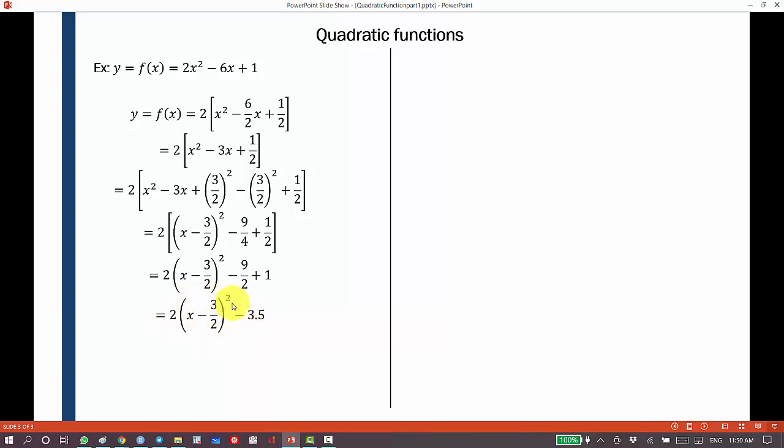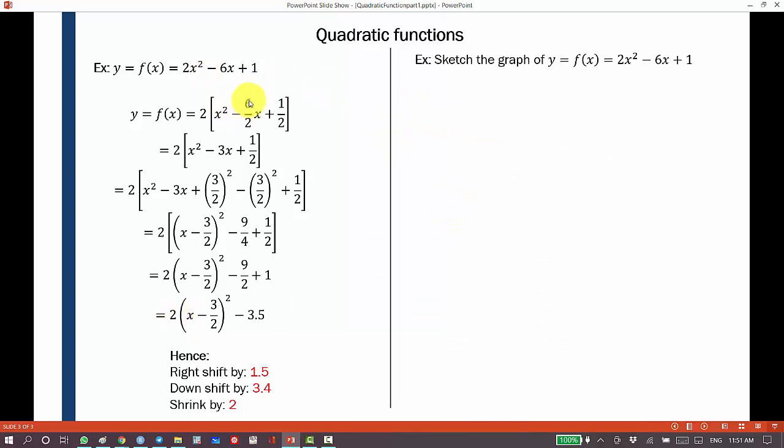Now we can see that this function is generated from the parent function y equals x squared by applying a right shift by 1.5 units, which is 3 over 2, a downward shift by 3.5 units, this minus 3.5 being a downward vertical shift, and a shrink by 2 units.